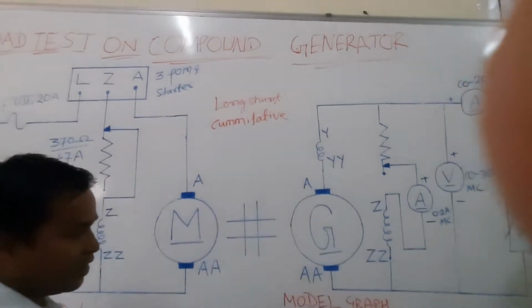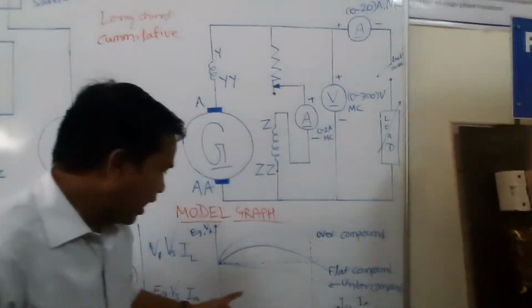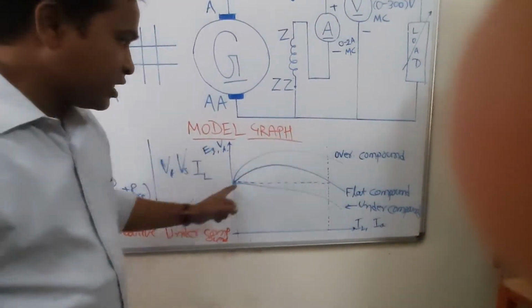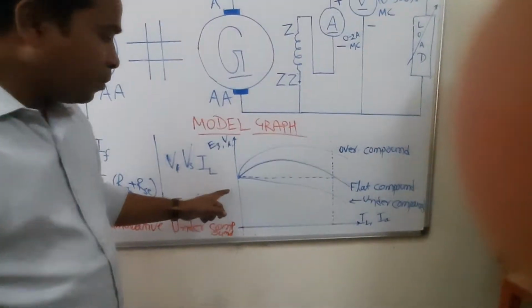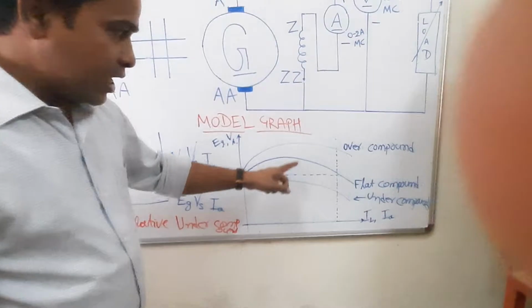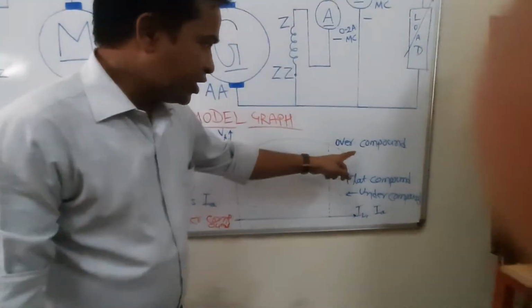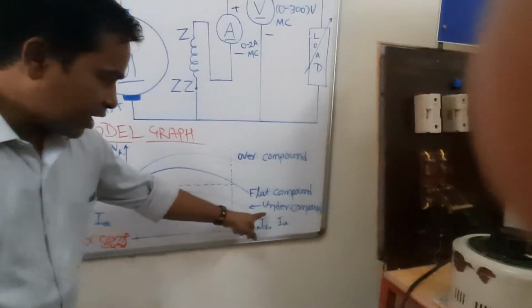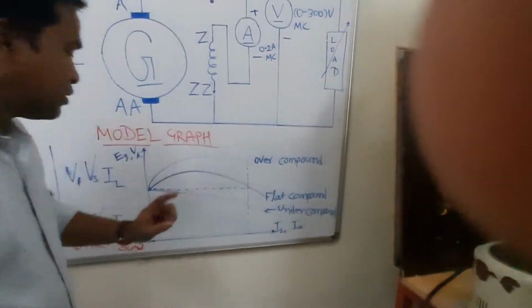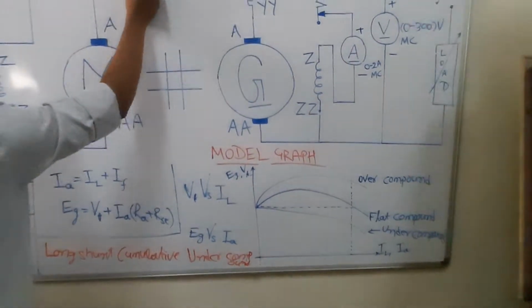Next classification is on the basis of how the external characteristics look. On the basis of external characteristics, I have three types of compound generator. One is over compound, flat compound, and the last one is under compound. In this experiment, we are using flat compound.